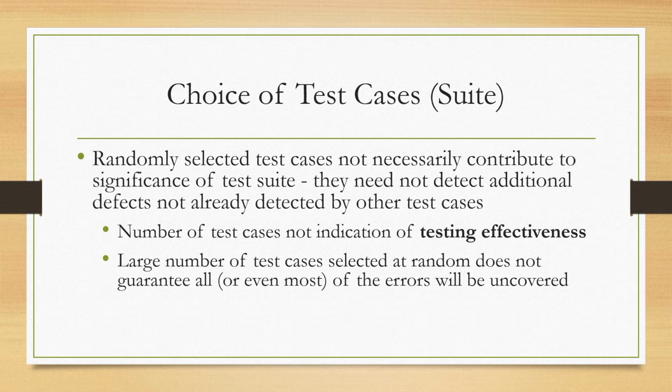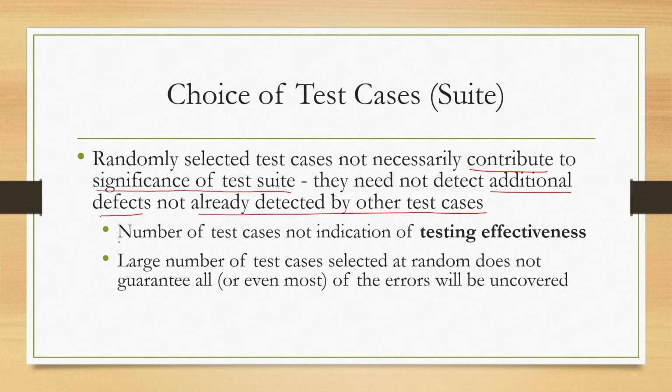If we select the test cases randomly, then they do not necessarily contribute to the significance of a test suite. That means they need not detect additional defects not already detected by other test cases.